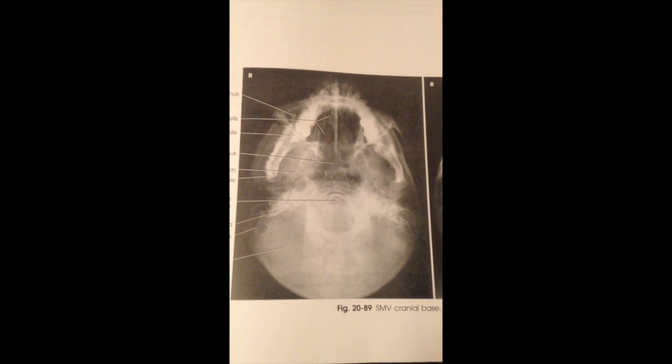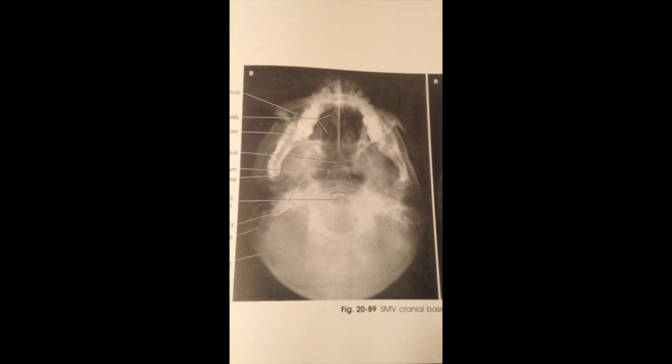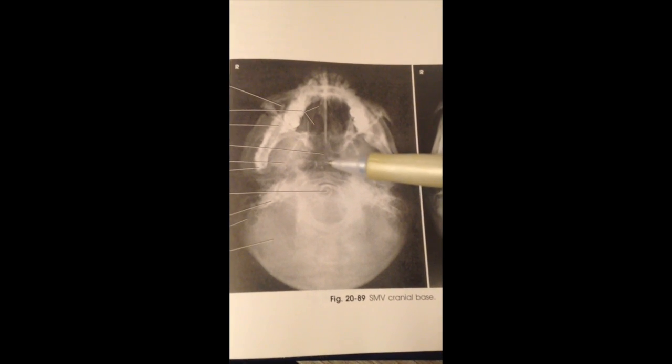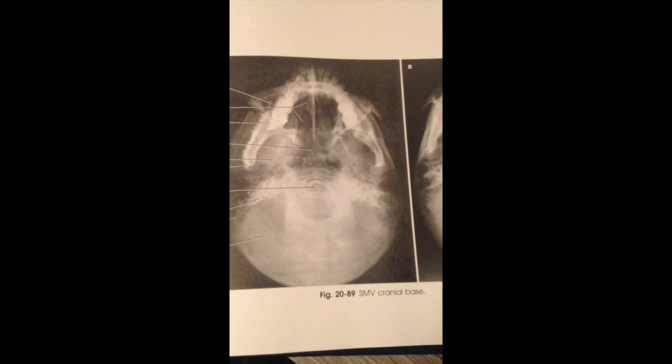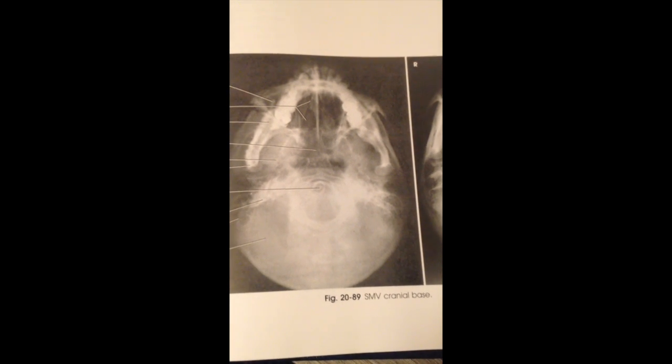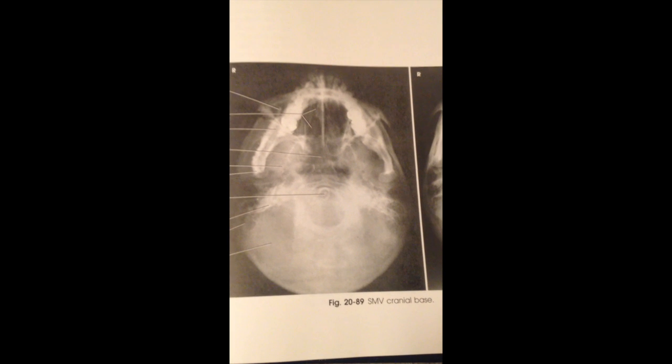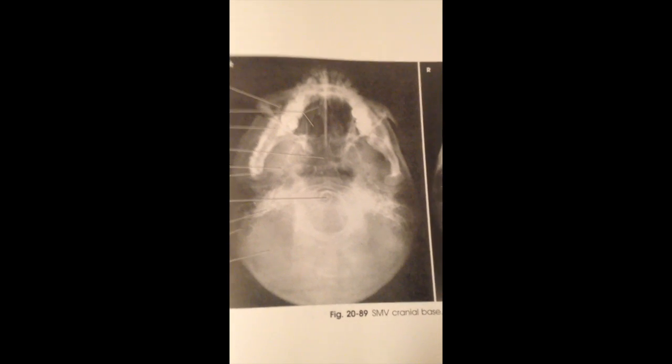Here is my SMV projection. It's also known as the Schuller method. The central ray enters right about here. It enters between the angles of the mandible and passes through a point 3/4 inches superior to the EAMs.